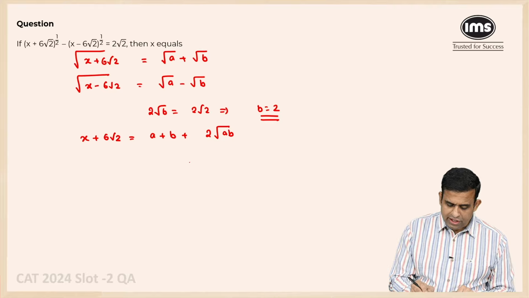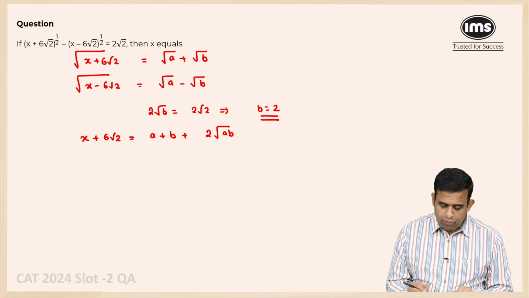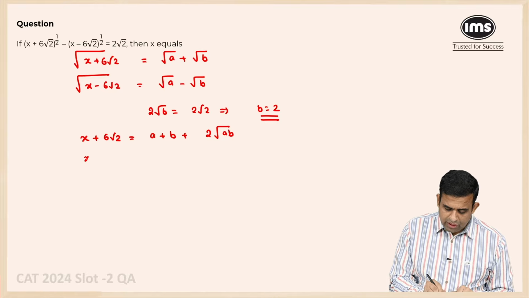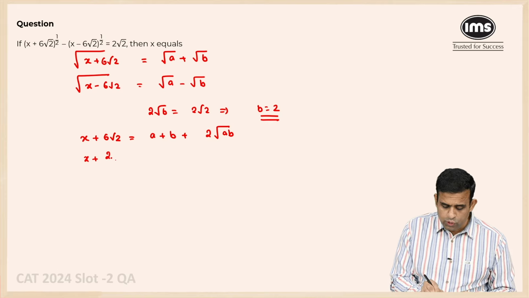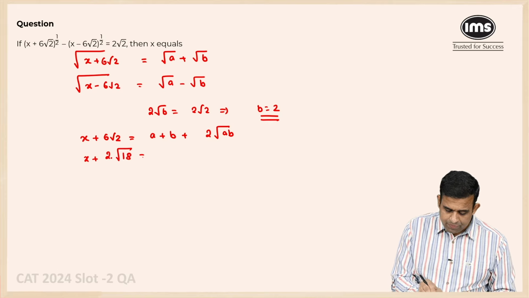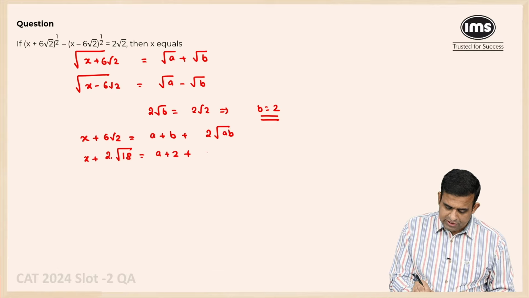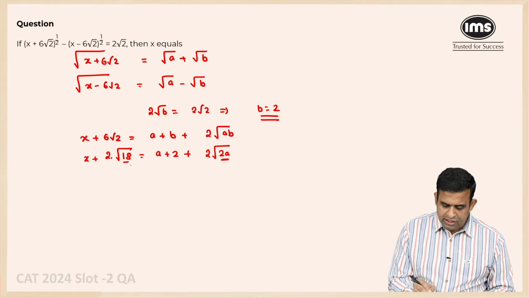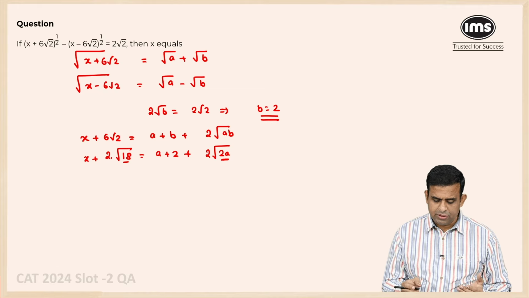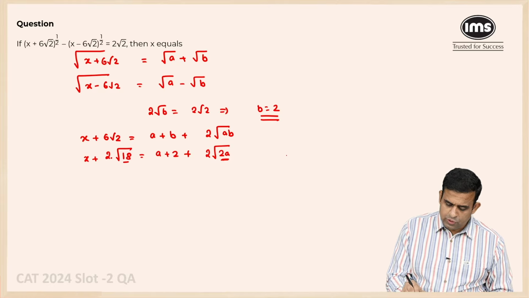In this context, since I got the value of b to be equal to 2, x plus this term, 2 into 3 into root 2, so root of 18, is equal to a plus 2 plus 2 times root of 2a. You can clearly see, if I compare both sides, 2a is equal to 18, a becomes equal to 9.